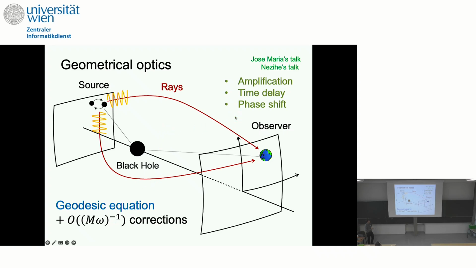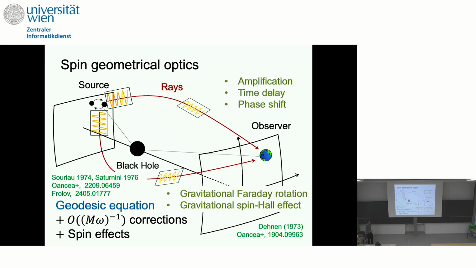This is already nicely covered by Jose Maria's talk, and we can see it in the amplification, time delay, or phase shift of the gravitational waves. These are the important observable quantities in the geometric optics limit.